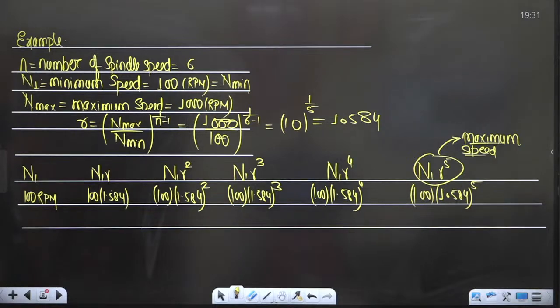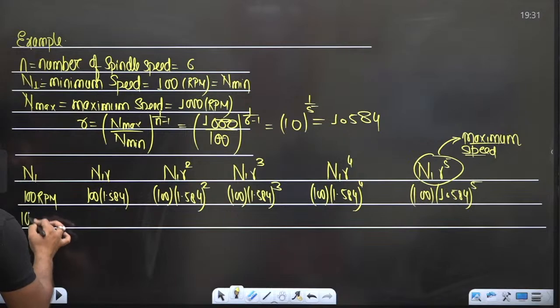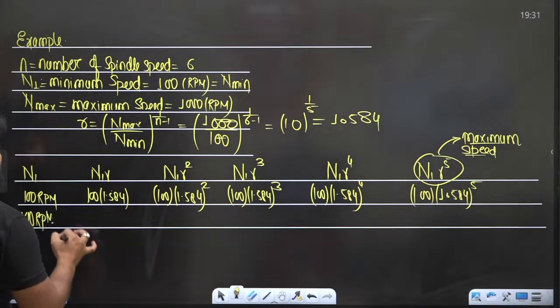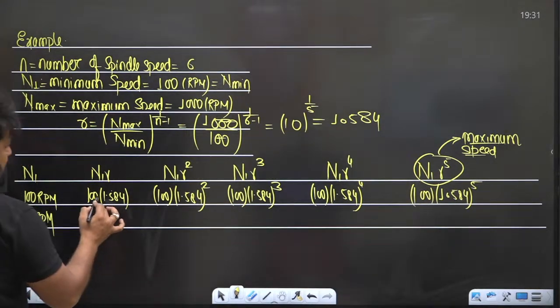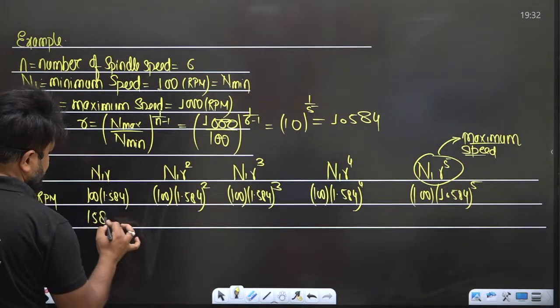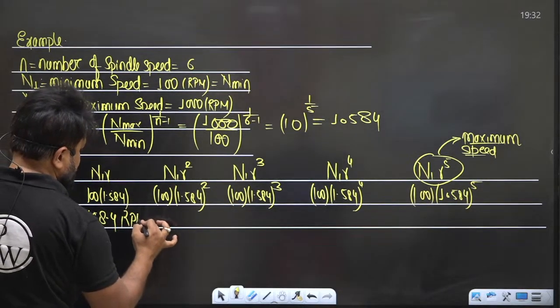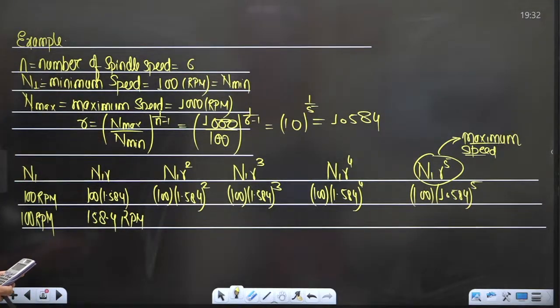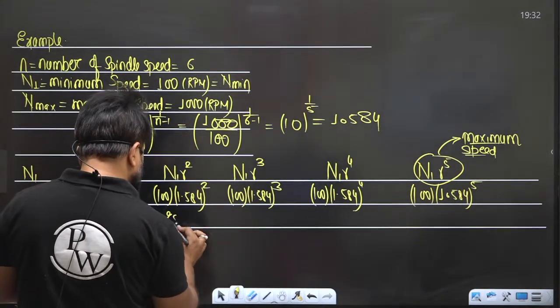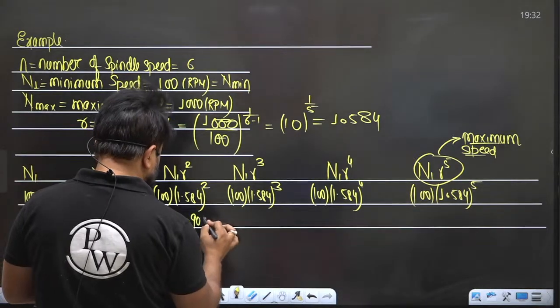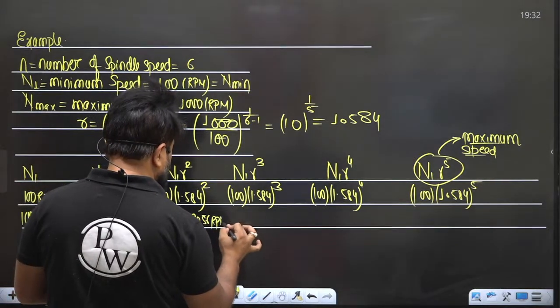It is the maximum speed. Is that point clear? I hope so. Now, the value is 100 revolutions per minute, and it will be 158.4 revolutions per minute, and it will be 100 into 1.584 to the power 2, 250.9056 RPM, right?